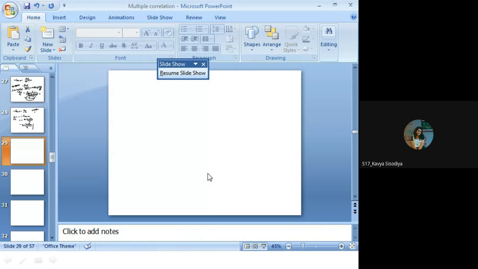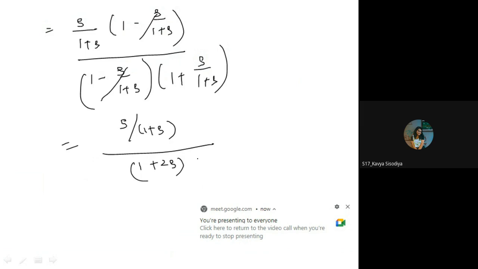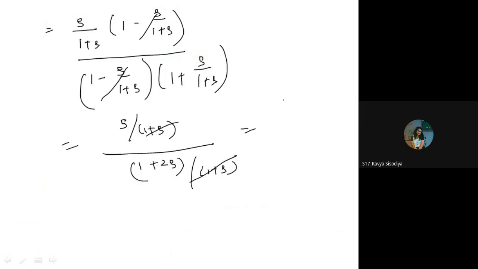And that means this part will be cancelled out. So what is there? It is rho upon 1 plus rho, and this will be 1 plus rho, that is 1 plus 2 rho divided by 1 plus rho. This will be cancelled out. So it is rho upon 1 plus 2 rho.